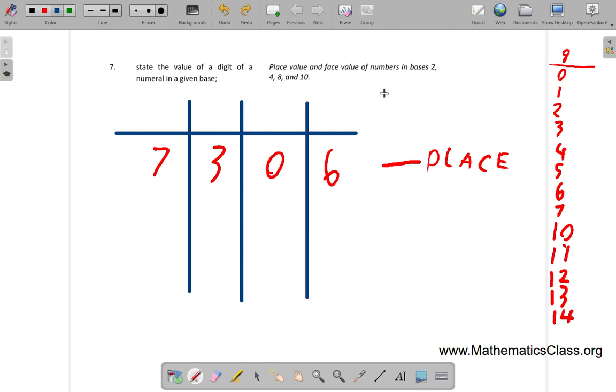So this represents how many 8 to the power of 0 we have. In other words, how many ones? This is how many 8 to the power of 1, or this is how many 8s we're dealing with. This is how many 8 squared, how many 64s we have. And this is how many 8 to the 3.